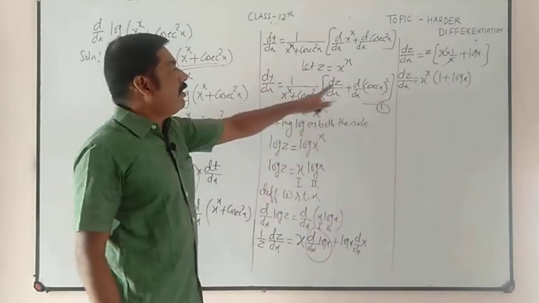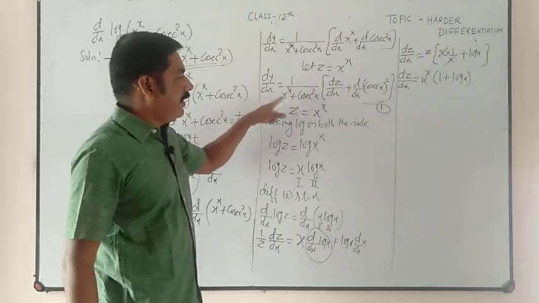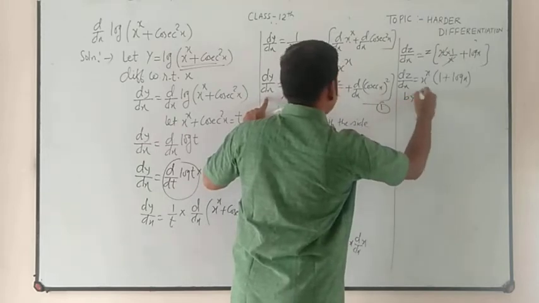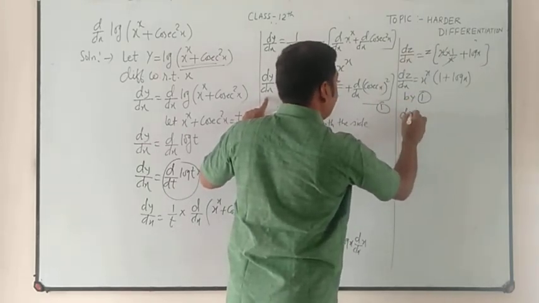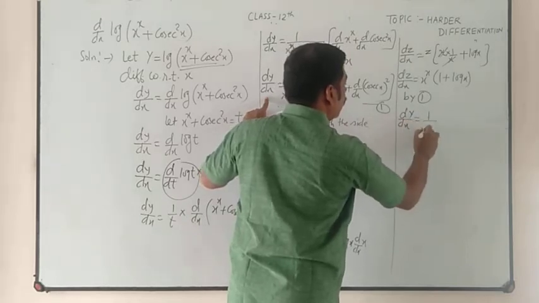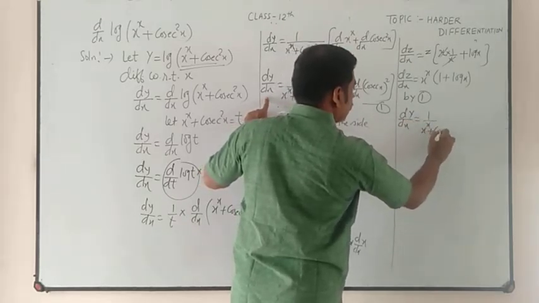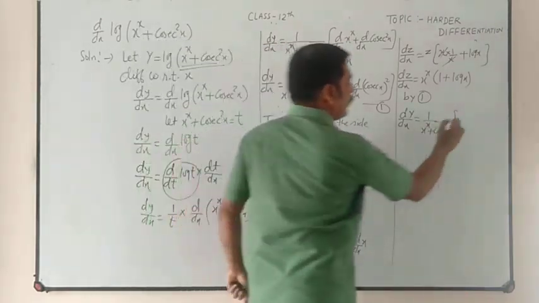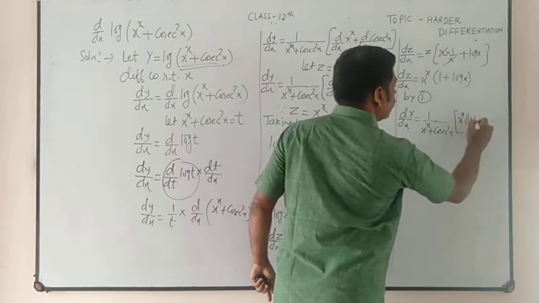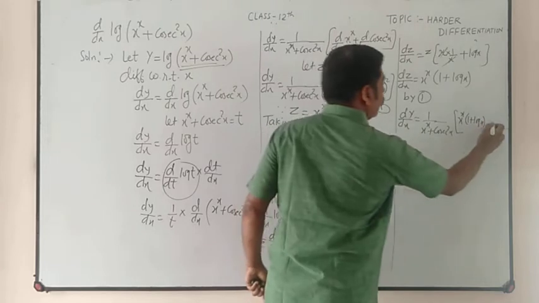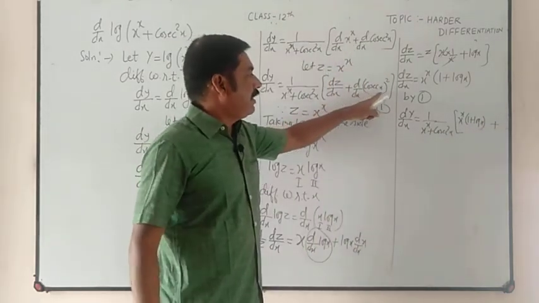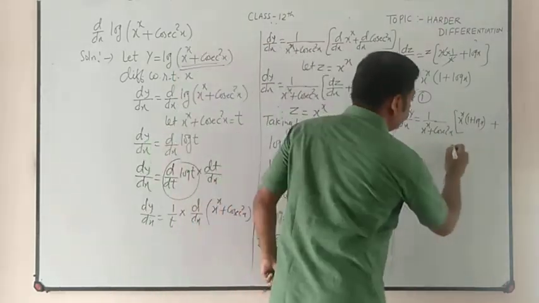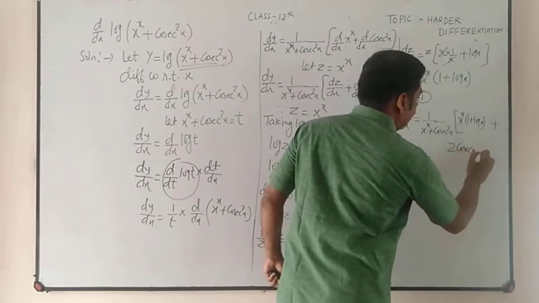Now put the value of dz upon dx in equation number 1, and also we have to differentiate cosec x whole square. So dy by dx is equal to 1 upon x raised to x plus cosec square x, inside dz upon dx is x raised to x 1 plus log x, plus, take cosec x as u, differentiation of u square with respect to u is 2u, means 2 cosec x.